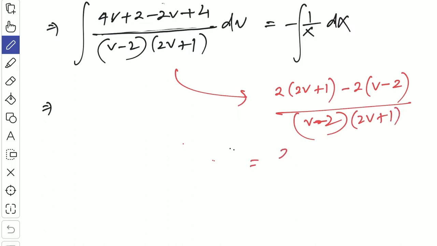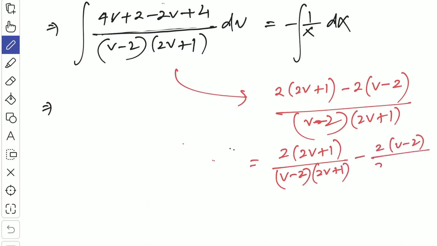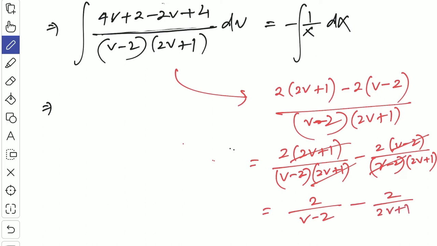It can be separately written as twice v plus 1 by (v minus 2) into (twice v plus 1) minus 2 into (v minus 2) by (v minus 2) into (twice v plus 1). So this expression will be reduced to 2 by (v minus 2) minus 2 by (twice v plus 1), isn't it?